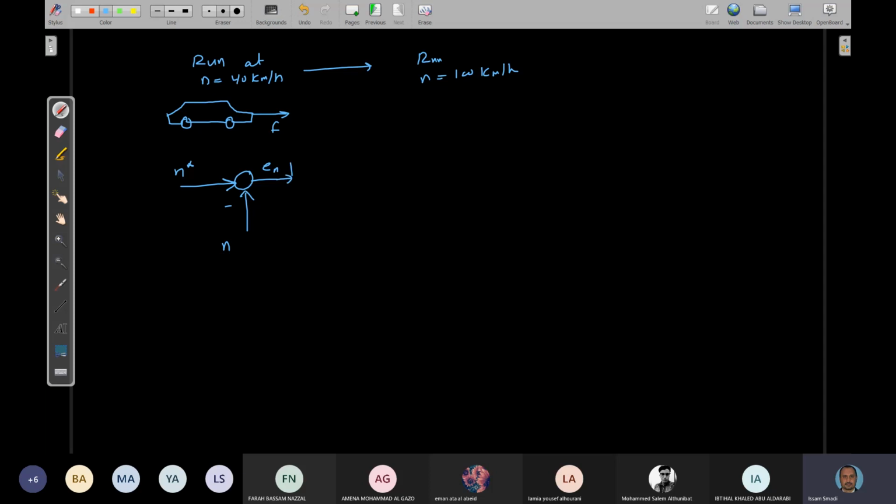Then you have a PI controller, and this PI controller will give you a reference force. You will translate it later to the opening of the fuel valve, or the pressing on the fuel pedal, correct?